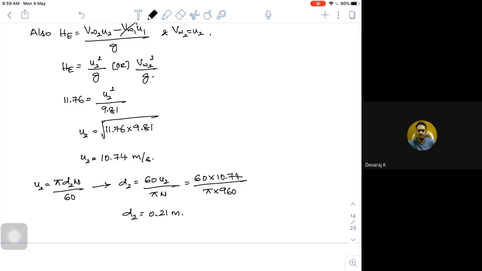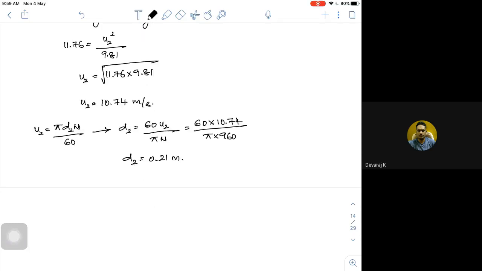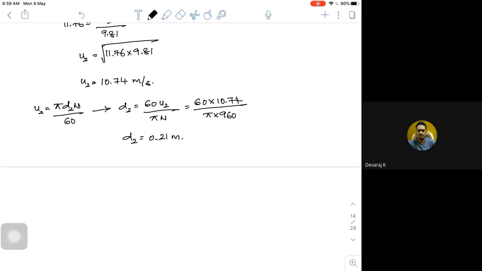Now how to find the discharge? The discharge is given as 50 liters per second. From that you can find your width actually. Here we found the diameter. Now we know that discharge is given by pi d1 b1 into Vf1, which is also equal to pi d2 b2 into Vf2.